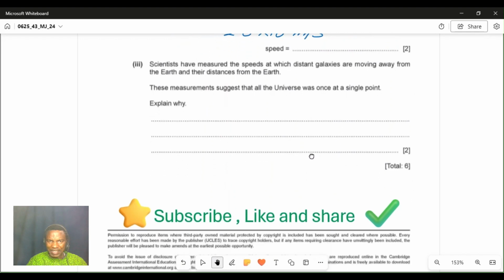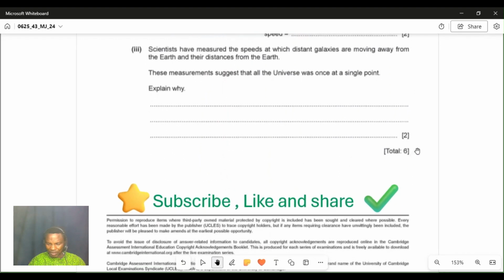From the concept of the Big Bang, if all the galaxies started from a point immediately after the explosion, they were once close, then they spread, so they are speeding away from the Earth.